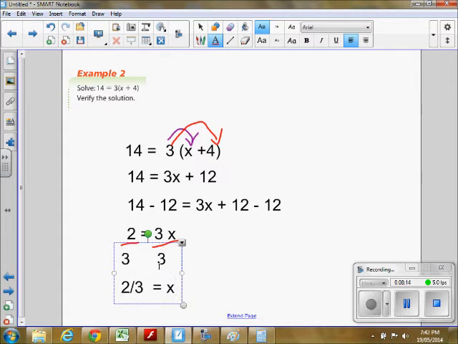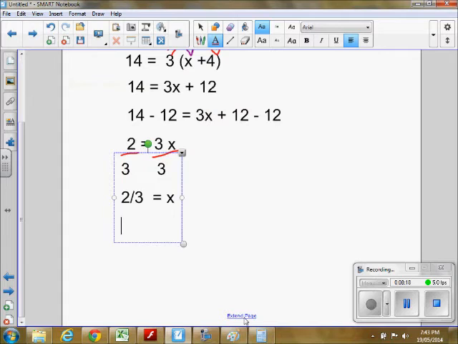To verify the solution, we'll plug it back into that equation. 14 is equal to 3 times x, so x is now 2/3, plus 4.